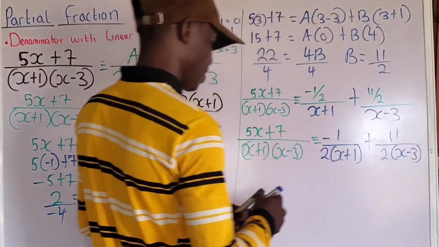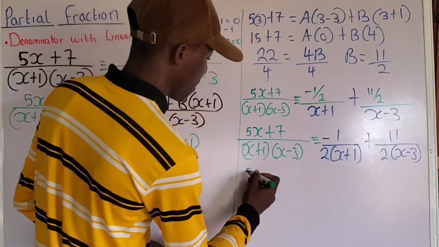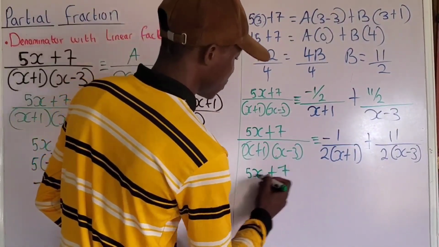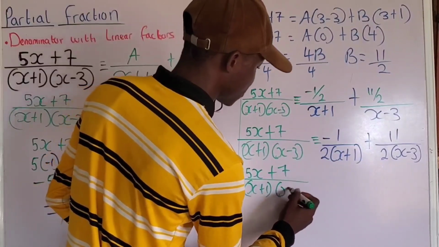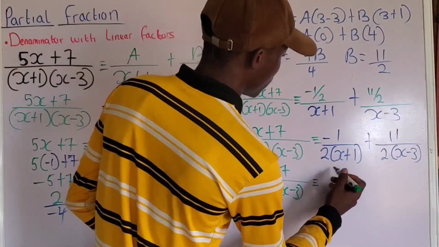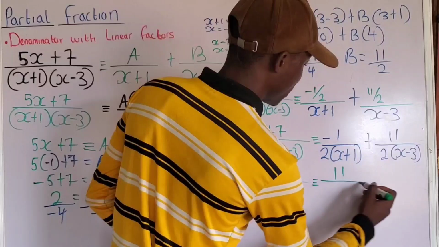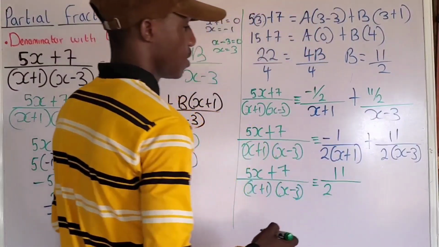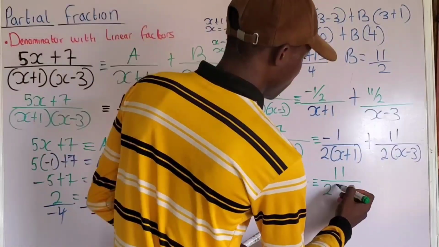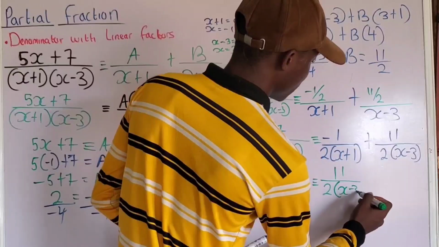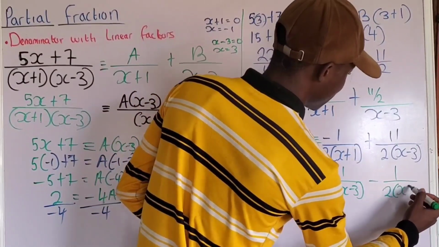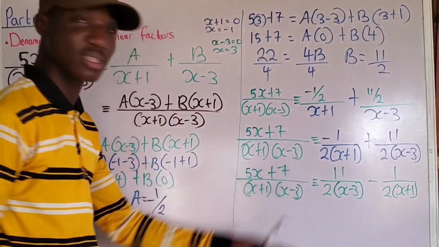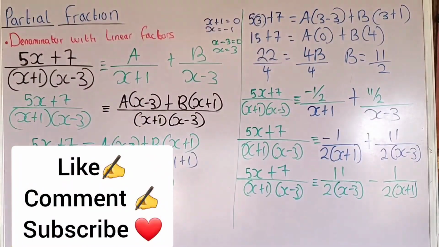Okay? So you can put it like this: 5x plus 7 all over x plus 1 multiplied by x minus 3 is equal to 11 over 2 multiplied by x minus 3, minus 1 all over 2 multiplied by x plus 1. Okay, so you can see now, that is the solution to that question.